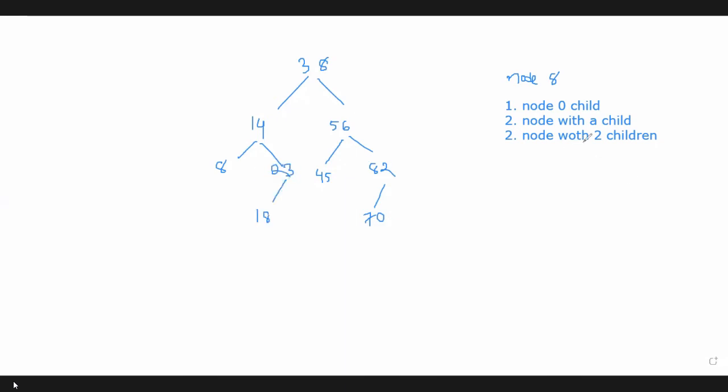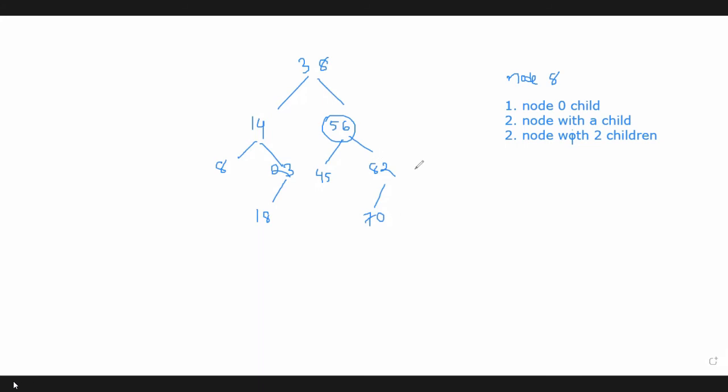Okay, so when the node has 2 children, suppose this one, 56. So how can we delete this node, 56? Look at this node. 56 has 2 subtrees. This is the left subtree and this is the right subtree. In the left subtree there is only one node, 45.